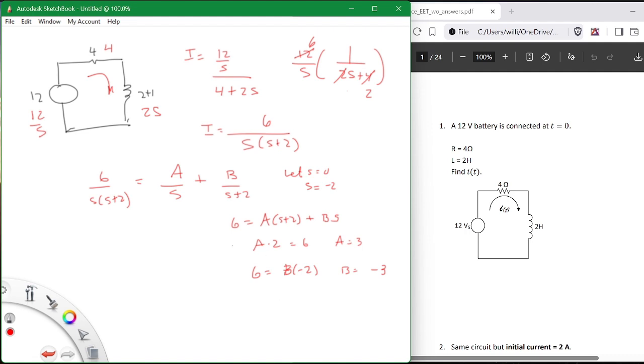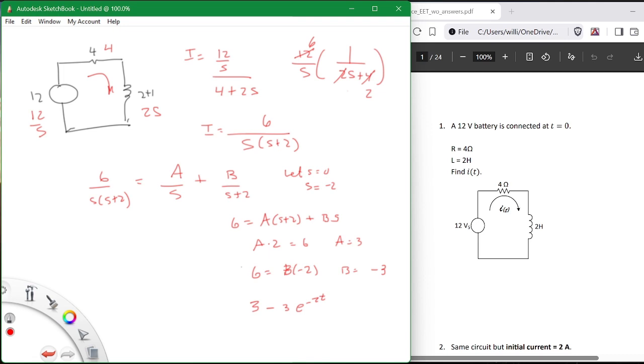Okay, so now we can substitute this back in, use the formula that we've got, which is 3 minus 3e to the minus 2t, and we're done. Everybody agree? That's it. Easy peasy, right?